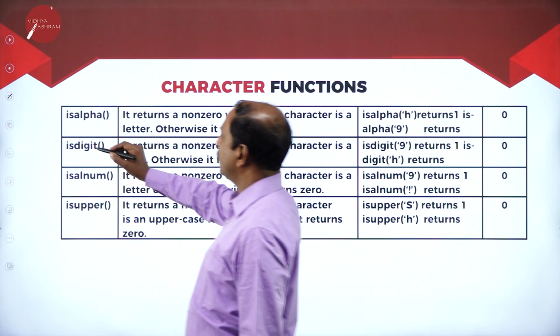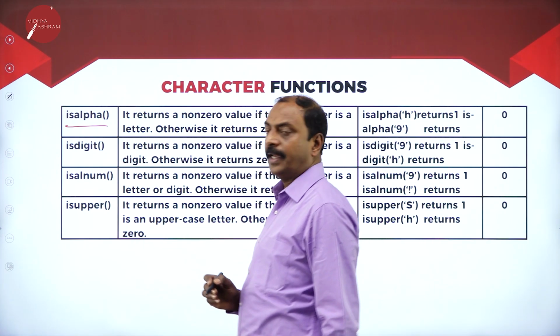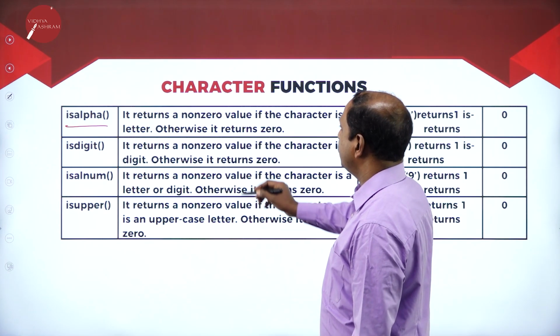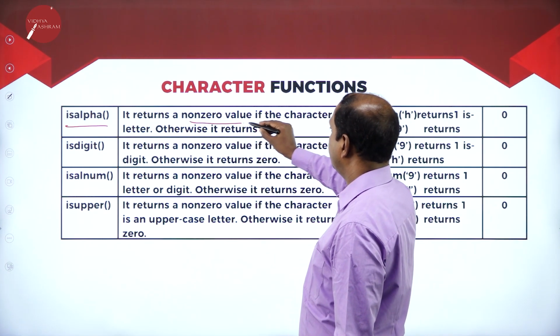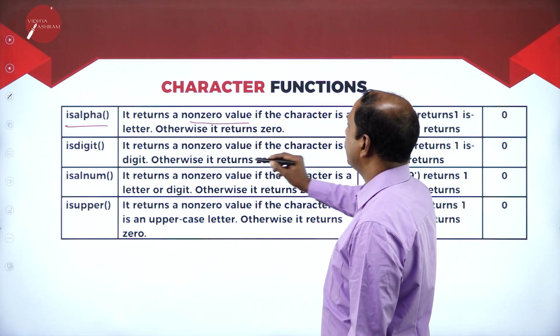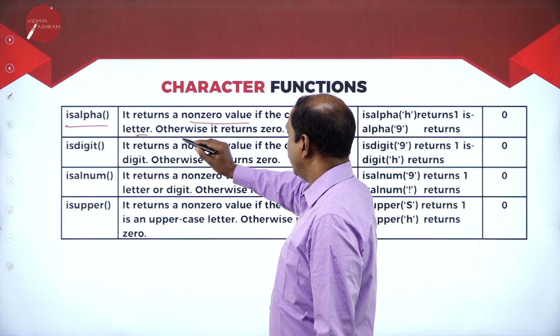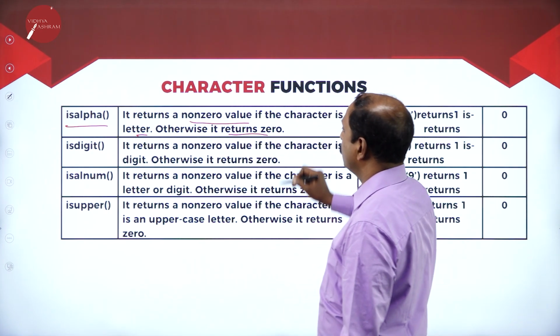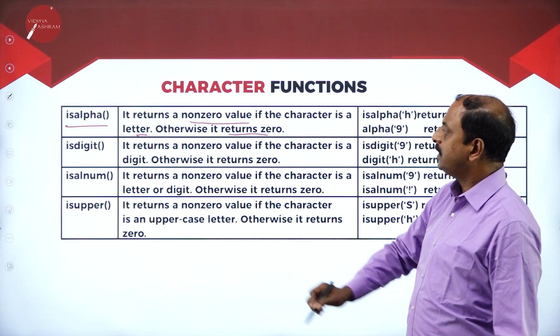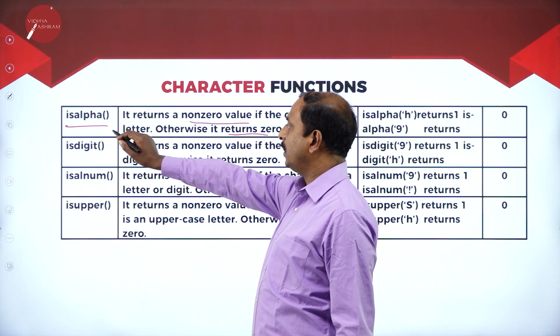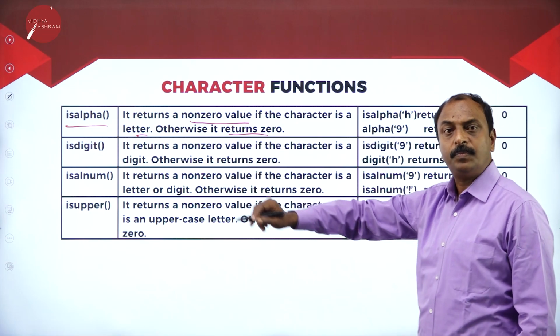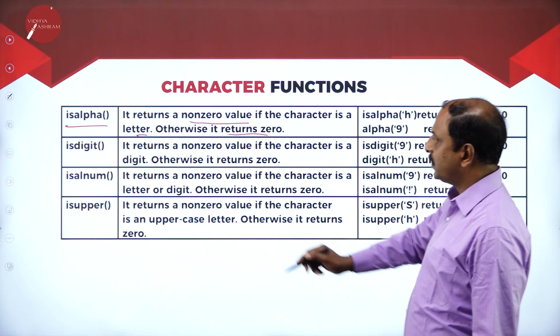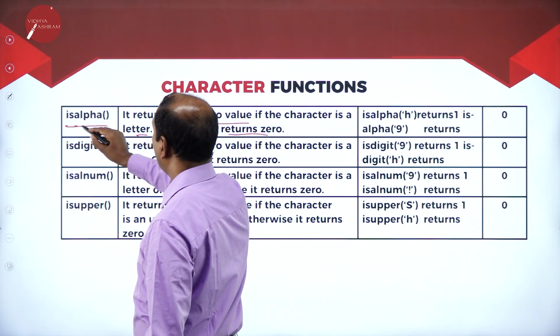First one is isalpha. isalpha is a function. It returns a non-zero value if the character is a letter, and otherwise returns 0. So what is the meaning of this? Here the user has to input one character and it checks for alphabet.